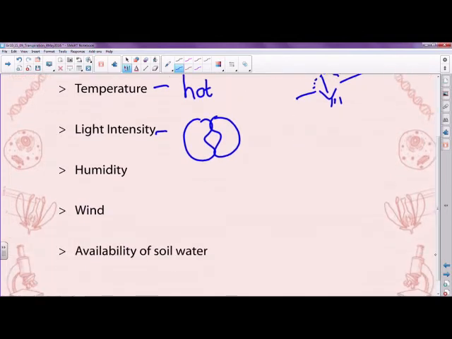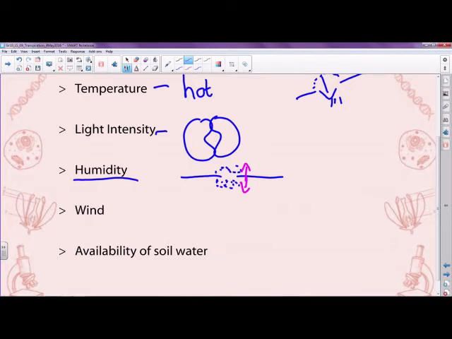This one is usually opposite: humidity. Have a look at my leaf again. Here's my leaf, there's my opening. Humidity means the water vapor in the air. If I have water vapor on the inside of my leaf and water vapor on the outside of my leaf, I don't have a very high concentration gradient. Diffusion is from a high concentration to a low one, so if I don't have this nice gradient, water is not going to move out of the plant.